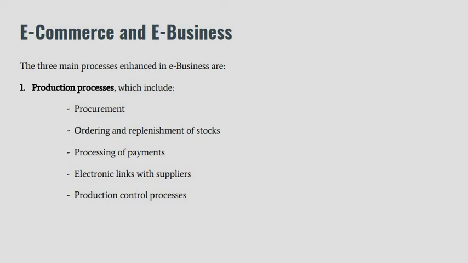Whoever is going to supply, we need to have a particular channel. Then production control processes, right? Like we have to see how we should maintain the production. Should we increase it or decrease it based on the demand, right? All these factors influence the production, and so this as a whole falls under one process.